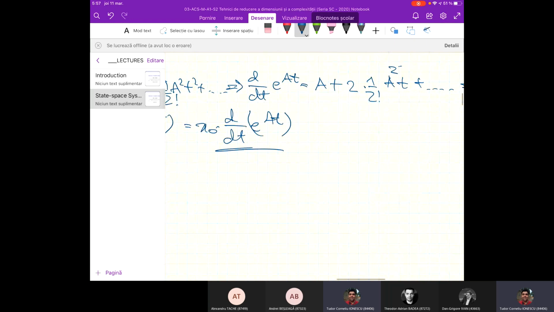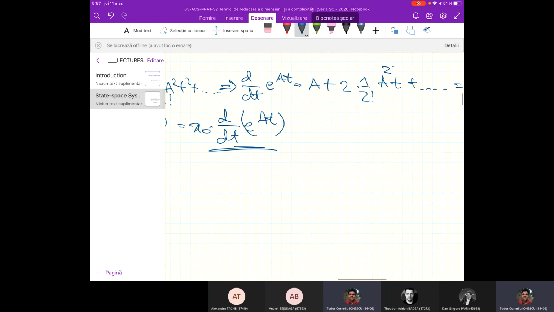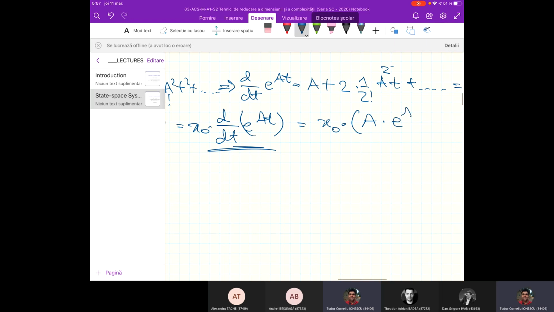We substitute back here. So this is x0 times A times e to the power At.